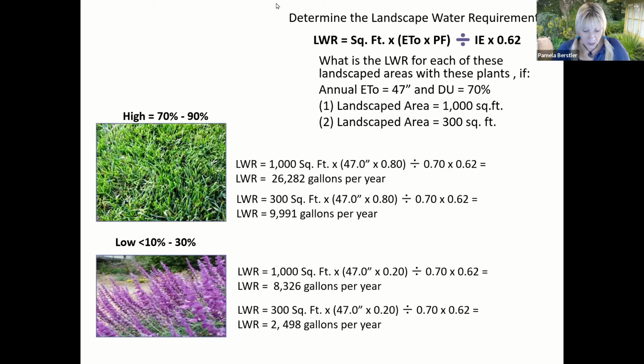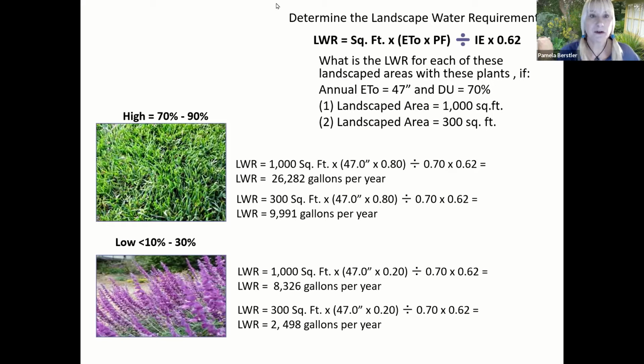Now, one of the cool things about landscape water requirement is that you can take an entire landscape and break it down into different hydrozones or different components. So let's imagine that you had a 1,000 square foot landscape, but it had 3 different hydrozones in it.